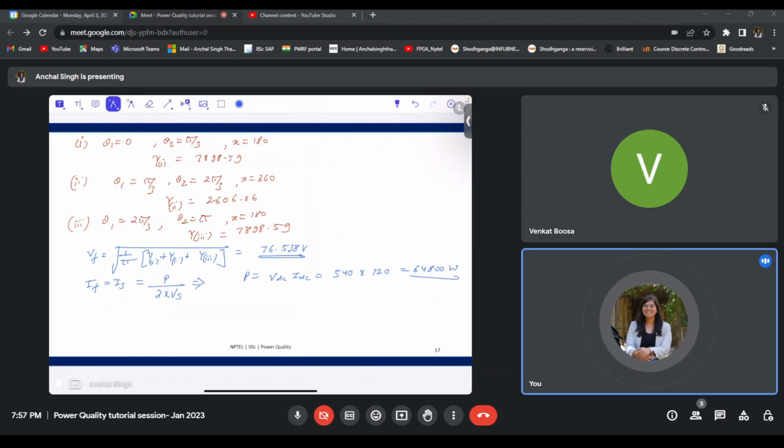Using this, I can find If equal to Is as 64,800 by 3 into Vs. We know that it is 230.94 volts. So this will come out to be approximately 93.531 amperes.